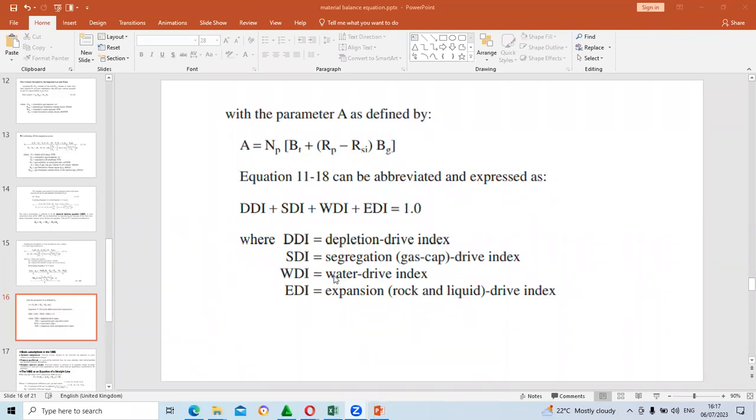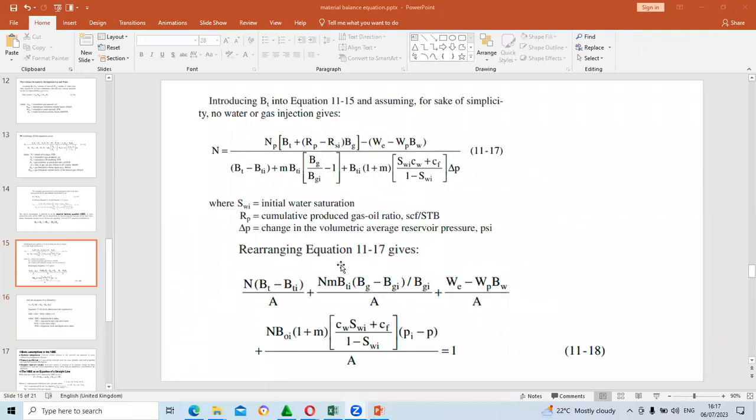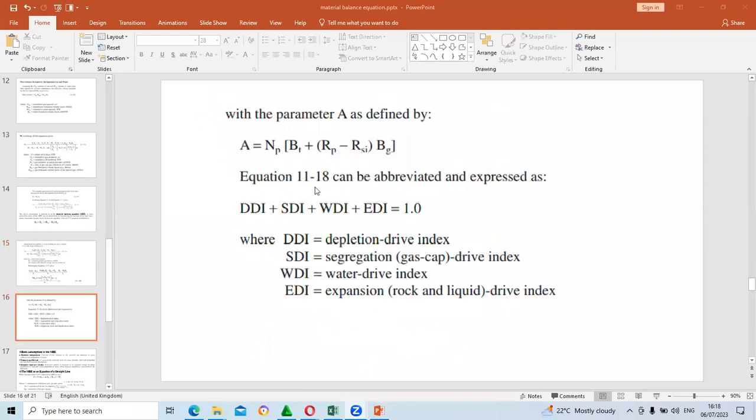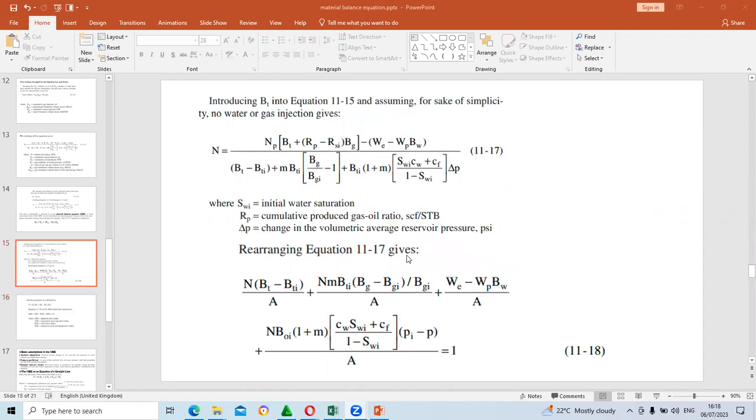Is it water drive? Is it gas cap? Is it solution drive? The software is using the material balance equation to see the influence of each of these components on the general energy, and at the end of the day, when you add all of them, it should give us 1.